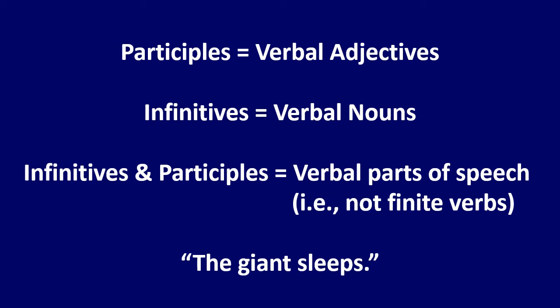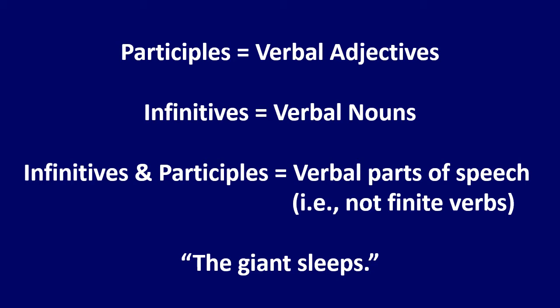But let's take a non-finite verb, like an infinitive, to sleep, or even a participle, sleeping. Those don't have the subject built right into the word itself in their forms, infinitive or participle. So the subject has to be supplied somewhere else in the sentence in order to limit the action of the verbal concept or the verb itself.